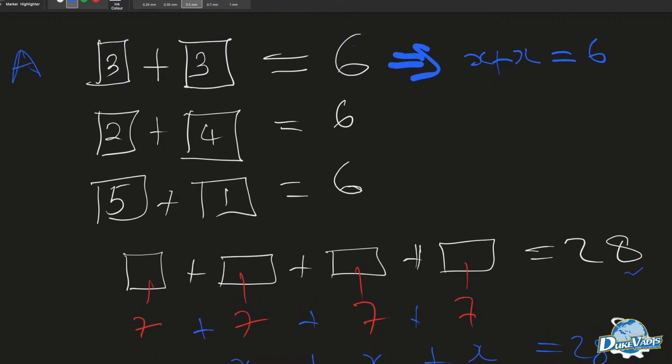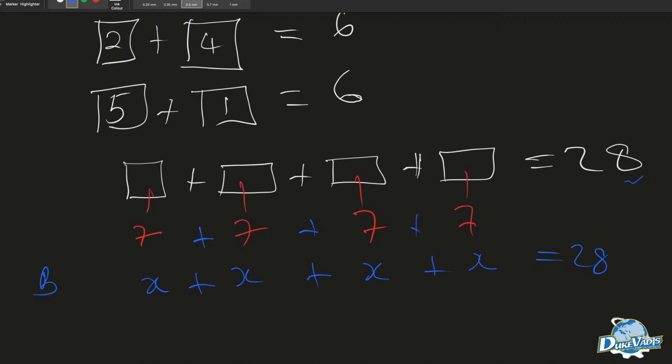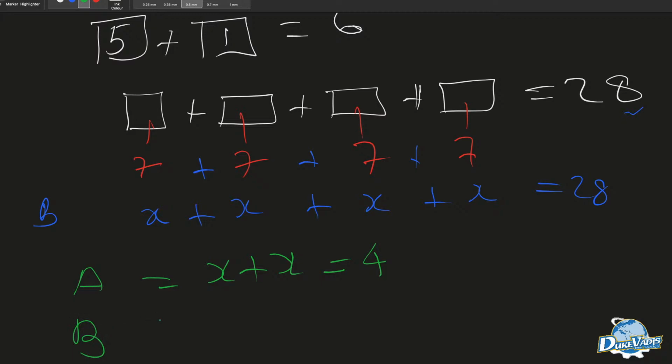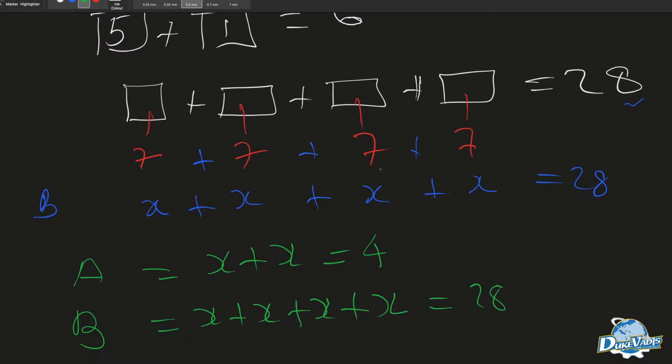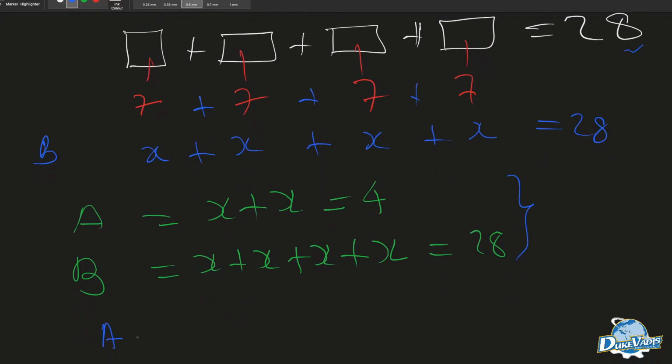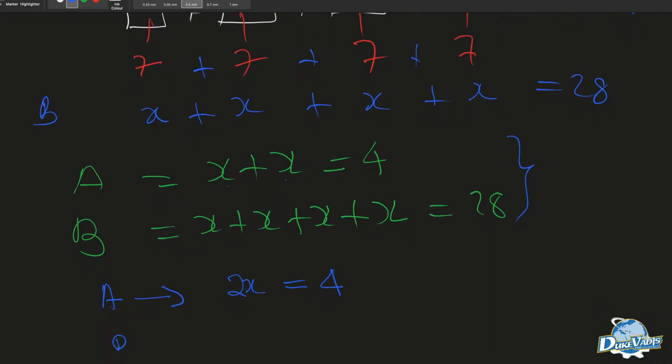Let's look at the first one, A, and this one is B. If we look at A, we have x plus x equals 4, and B, we have x plus x plus x plus x equals 28. For A, x plus x, which is 2x, equals 4. For B, I'm going to add x plus x plus x plus x.